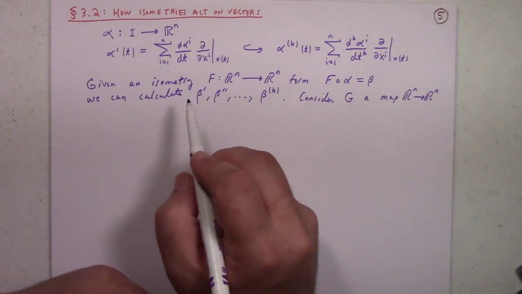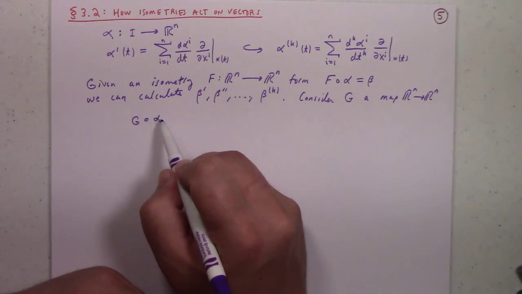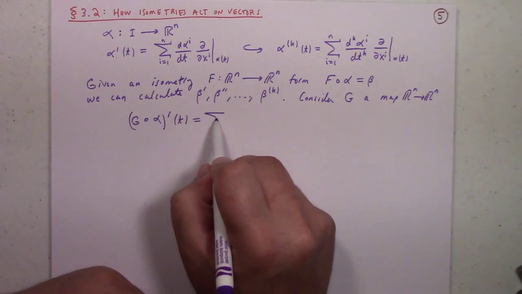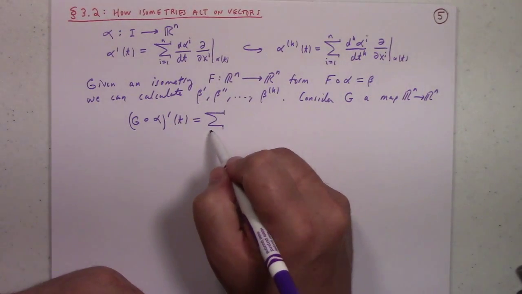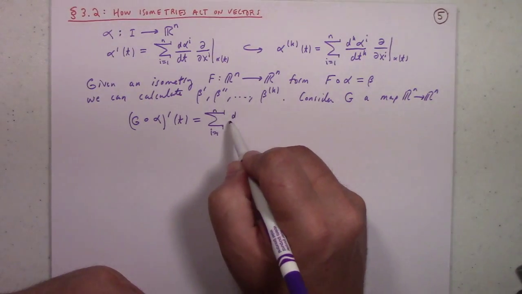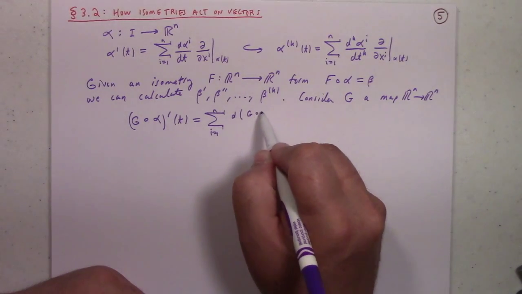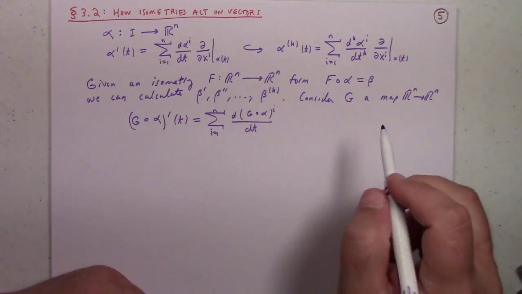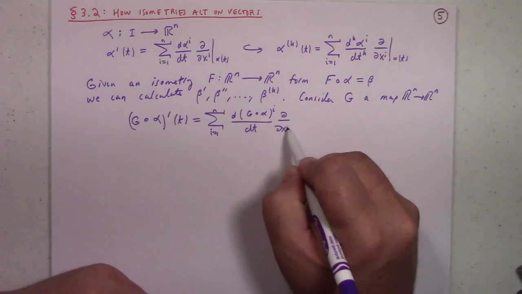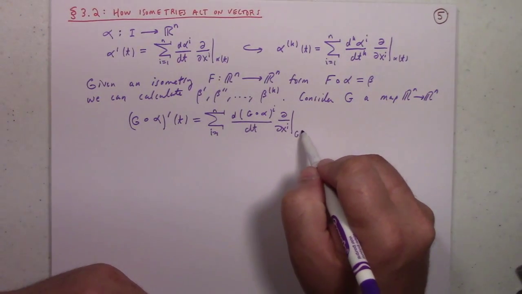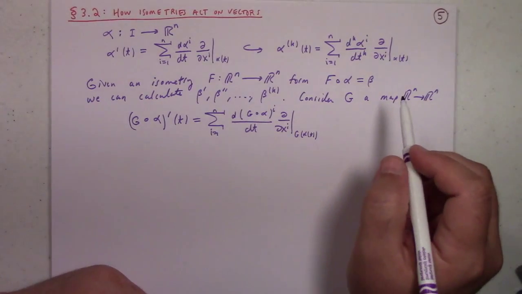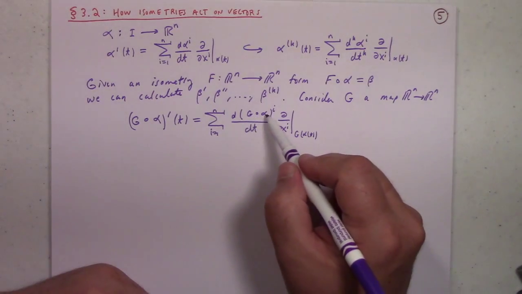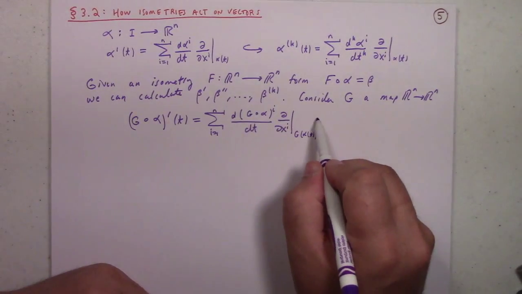Well, if you look at G composed with alpha prime of t, what is that? By definition, it is the sum over i from 1 to n of d of the composite of G with alpha, the ith component function, over dt, times partial xi at G of alpha of t. And this is the derivative of a function of another function. In calculus 3 we learned the multivariate chain rule.